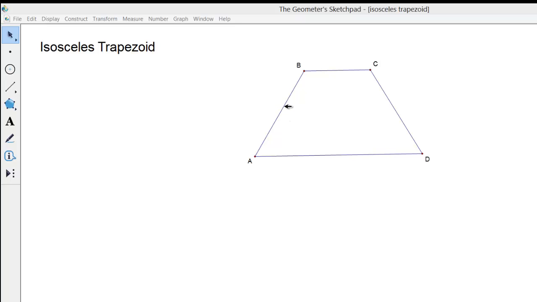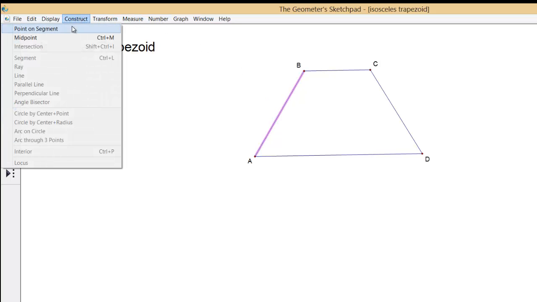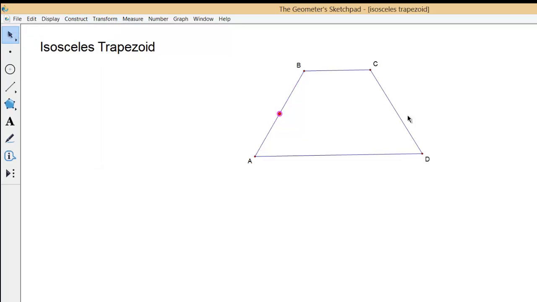We also have the median. Remember, a median is if we construct the midpoint of our two non-parallel sides.